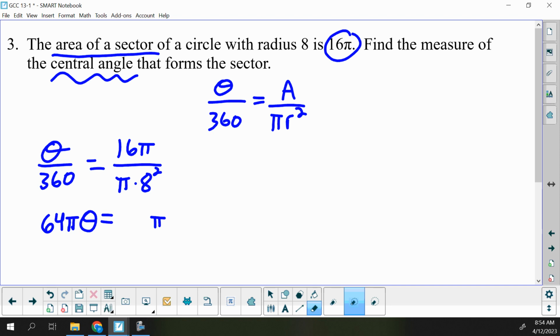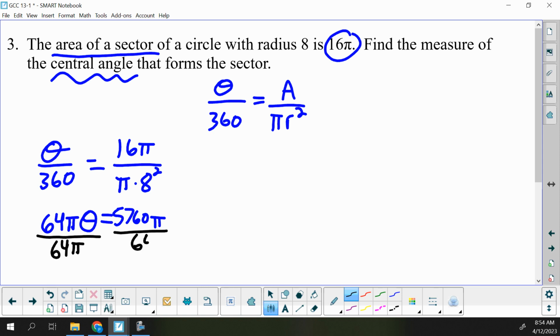So we just have to do the 360 times 16, which should give us 5,760. Keep in mind, pi is a number. It is not a variable. The variable we're trying to find here is theta. So to get theta by itself, we've got to divide by 64 pi.